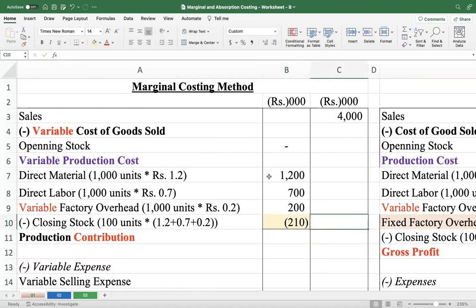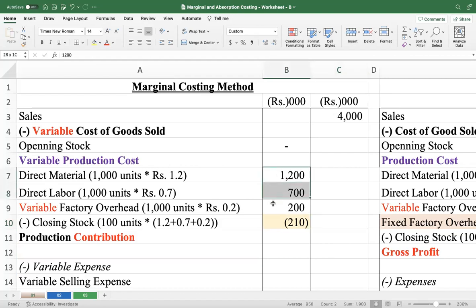Therefore, is it the contribution that we get after deducting sales from variable cost of goods sold and variable production cost? No, that will be production contribution. That's not the total contribution, where we obtain the value by deducting variable costs from sales. Here we are deducting variable production costs only.